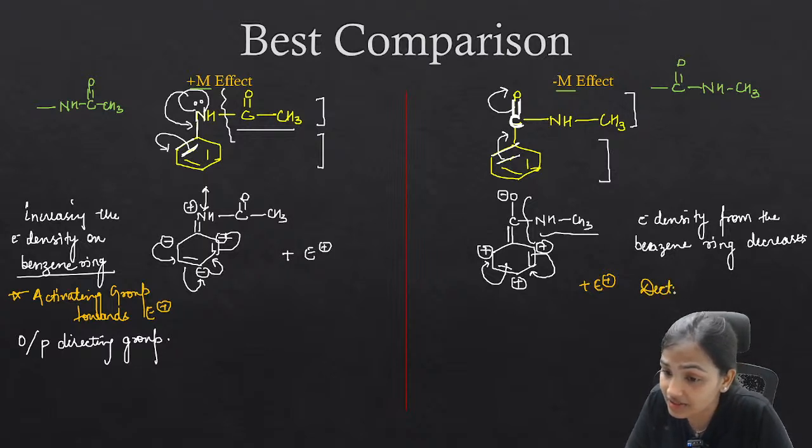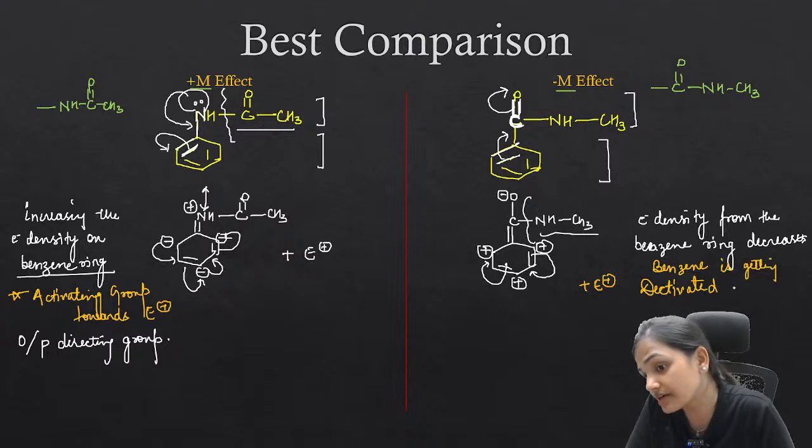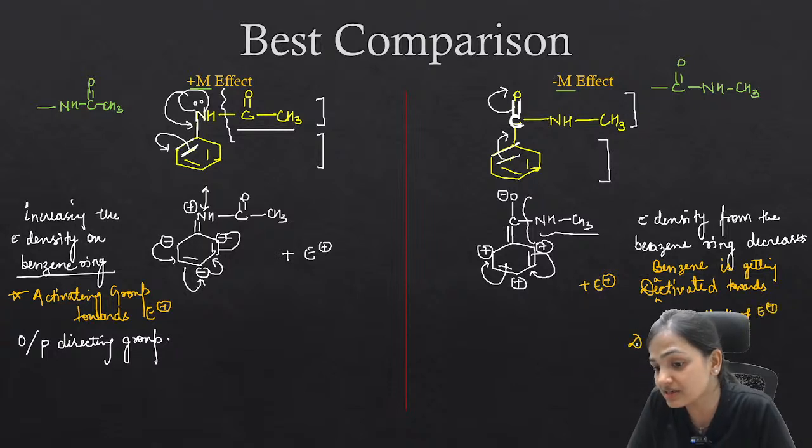So my benzene is getting deactivated towards the attack of the electrophile. So we can say that this is a deactivating group.